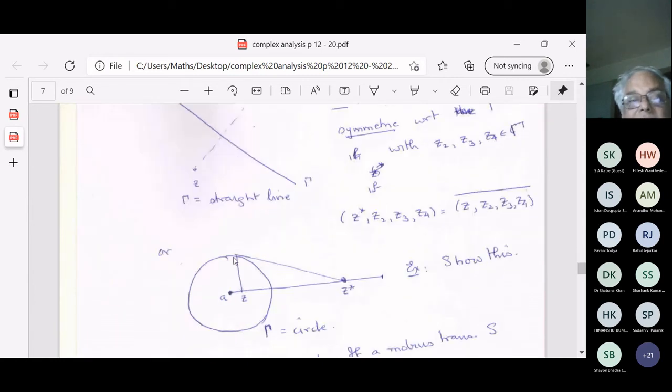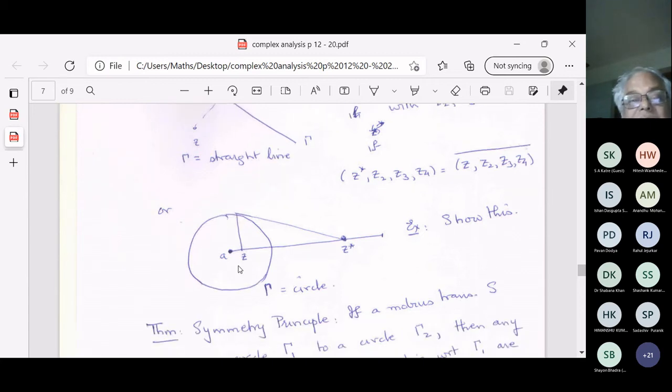And if gamma is a circle, what is the meaning of Z and Z star being symmetric? You look at Z and Z star and you're given this circle, gamma. The circle has a center. That means that the center, Z and Z star lie on a straight line.